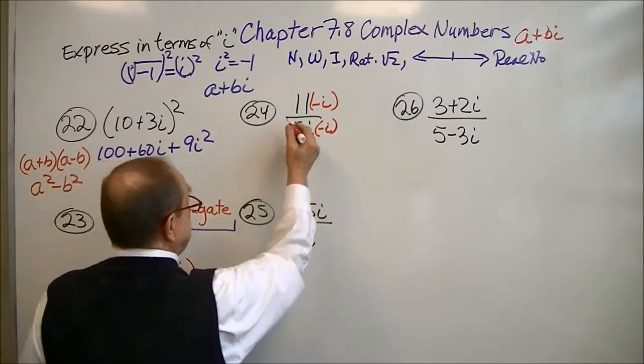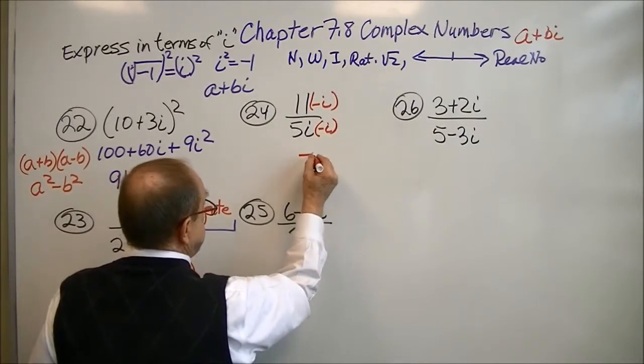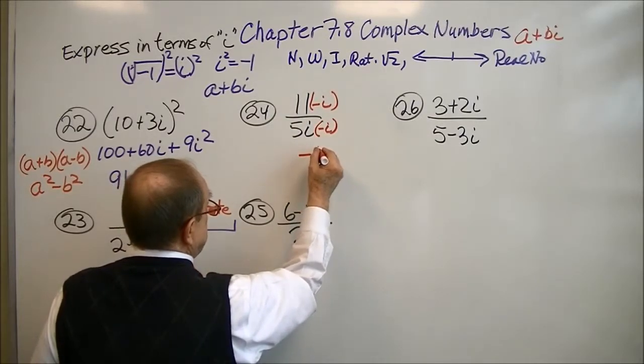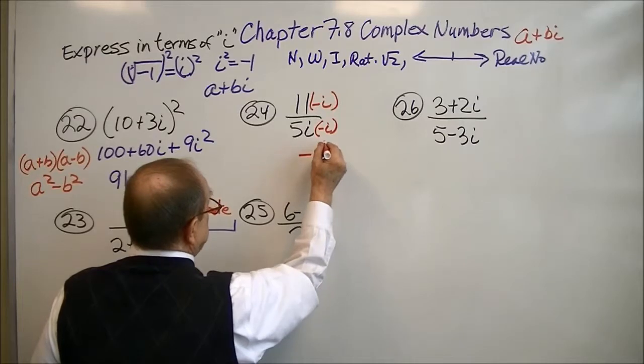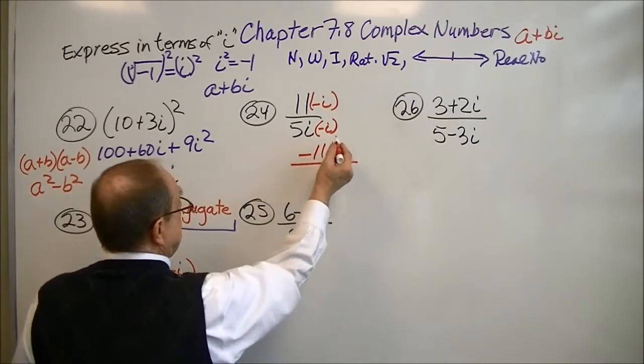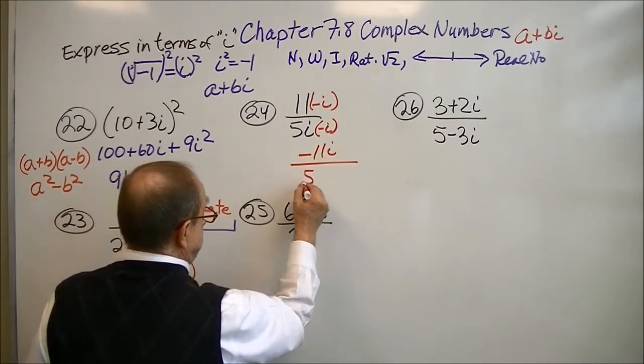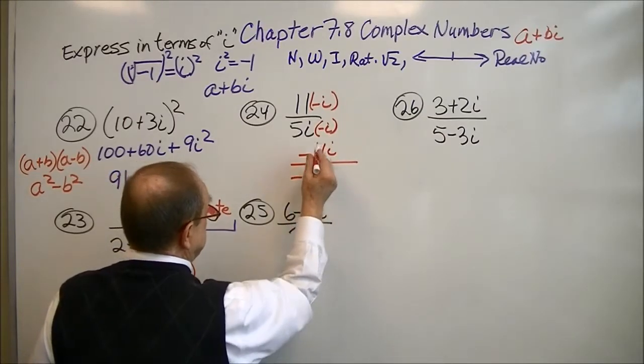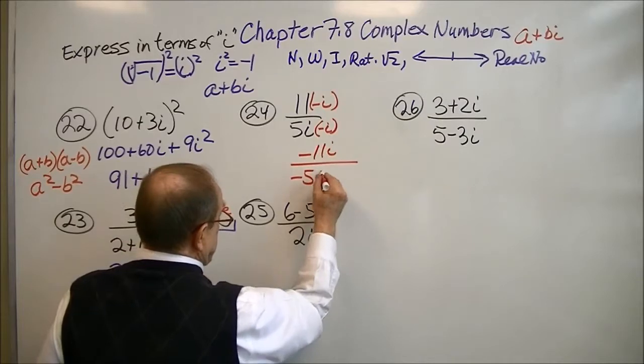So this numerator now becomes negative 11i, and our denominator becomes 5, a negative i squared.